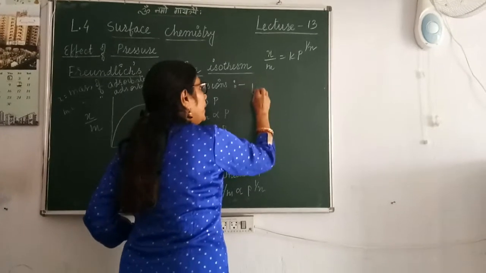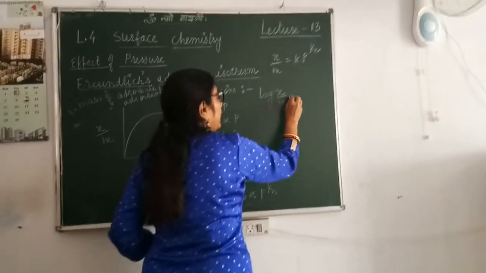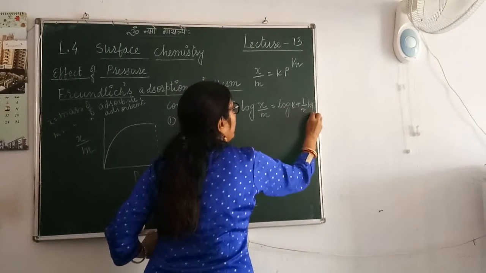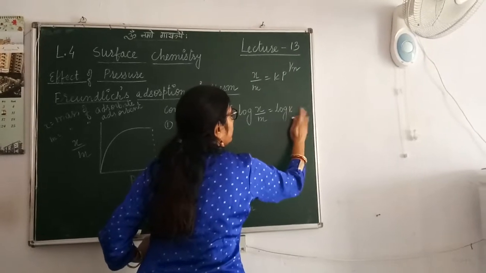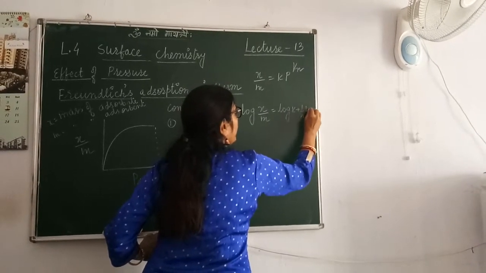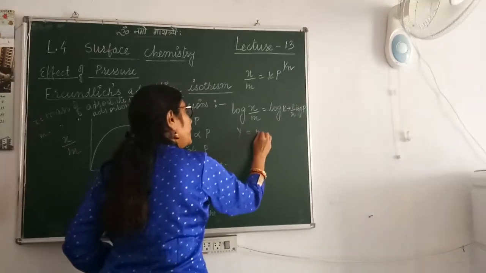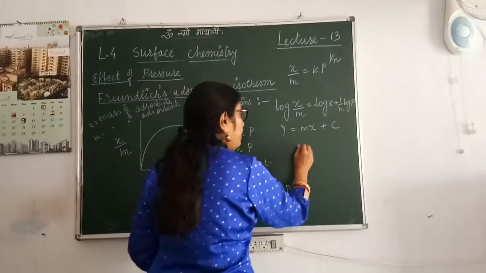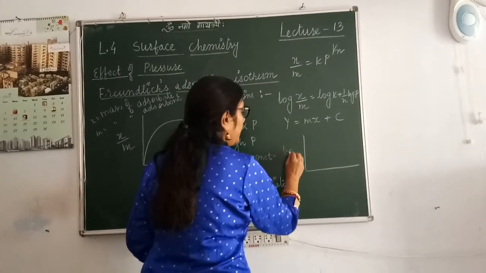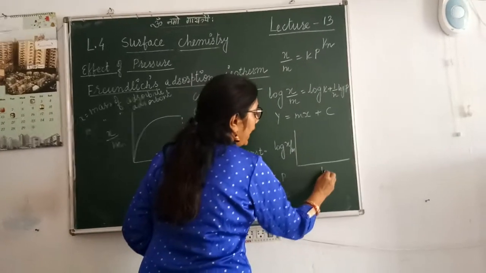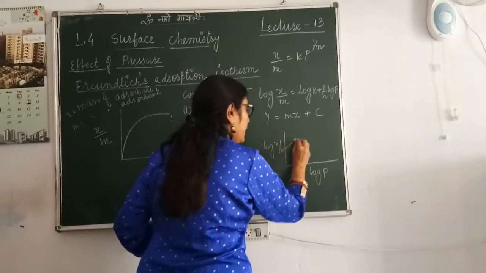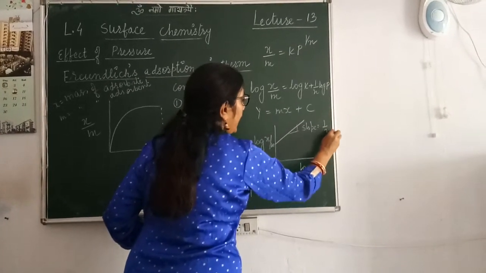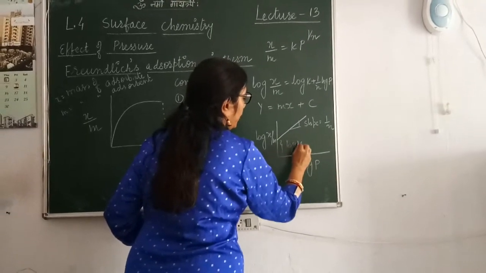Taking logarithm, it becomes log x by m is equal to log k plus 1 by n log p. Now you can see the equation is in the form of a straight line, y is equal to mx plus c. So if we plot a graph between log x by m and log p, we get a straight line where the slope is 1 by n and the intercept is log k.